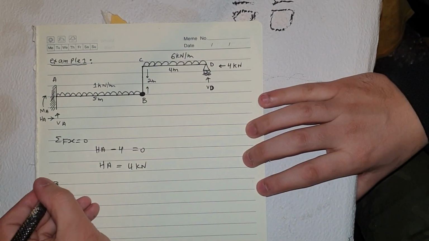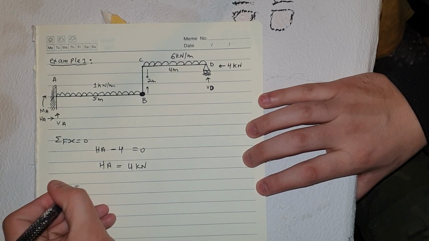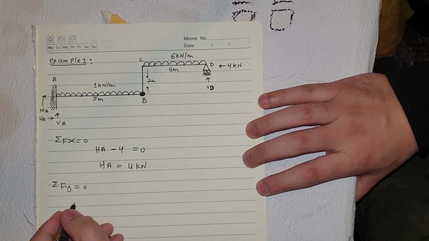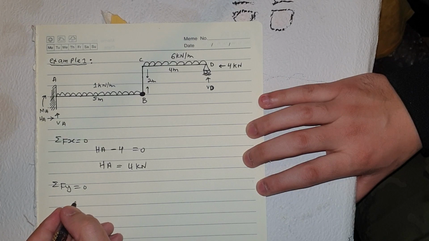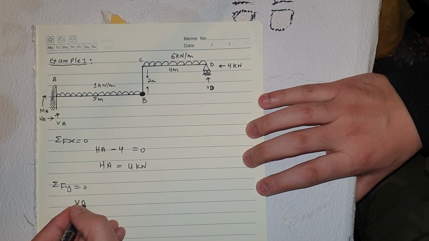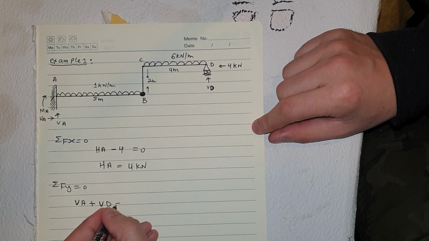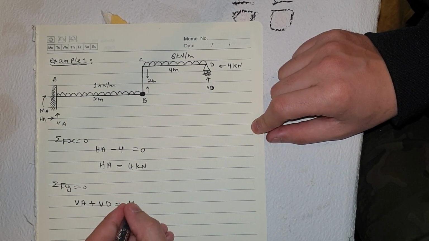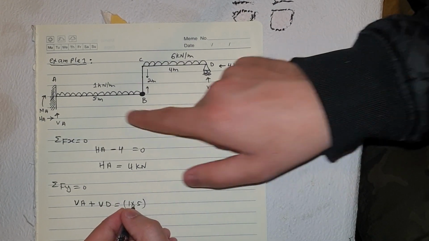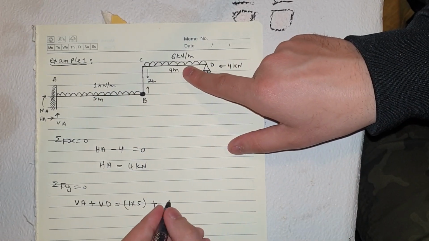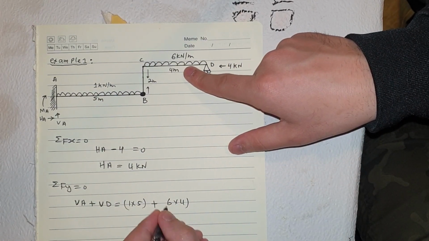The second step, same thing, summation of Fy, which is equal to 0. So we have Va plus Vd is equal to 1 times 5 plus 6 times 4.